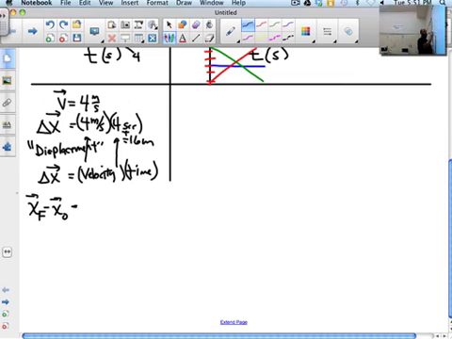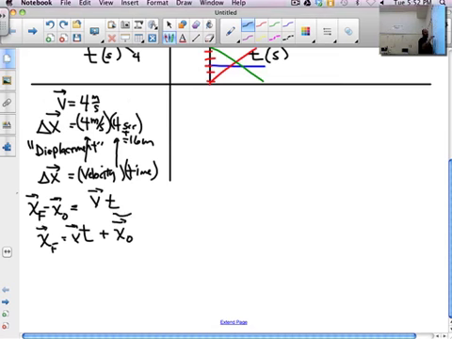And that's equal to, I'm going to use symbols now. V is a common symbol for velocity. T is a common symbol for time. And if I solve this equation for final position, I add x naught to both sides of the equation, and I get x equals vt plus x naught. Okay?